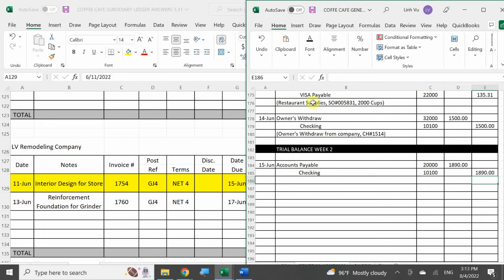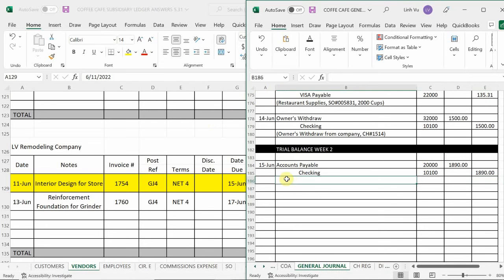And then for the note, we say it's for the LV Remodeling company, the invoice number 1754. And I would just write the check number. 1515. Okay.